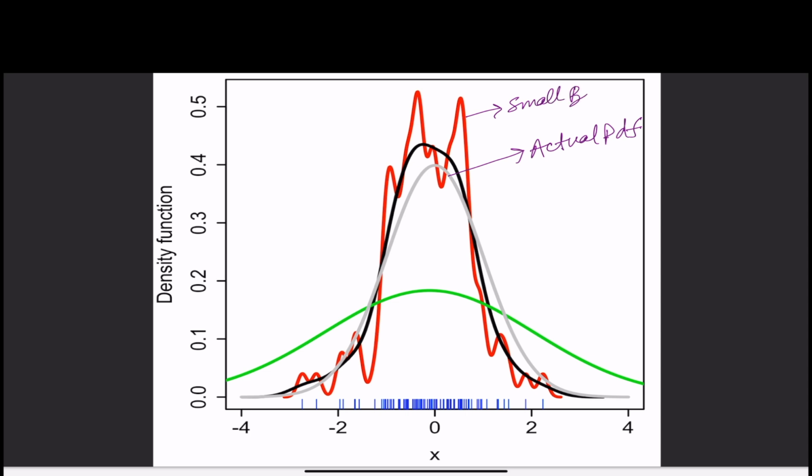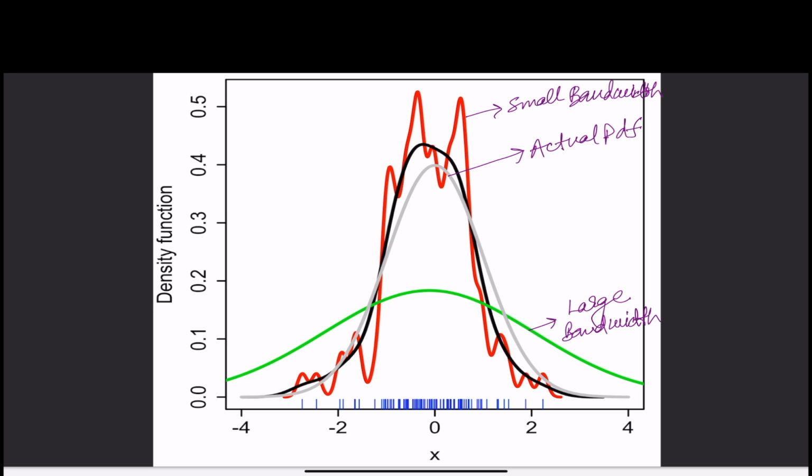So this red curve has a small bandwidth, fine, and this green curve has a very large bandwidth. Fine. As you change your bandwidth, you will get a more smoother curve like your black curve. This black curve is a nice approximation of my actual PDF, which is the gray curve.